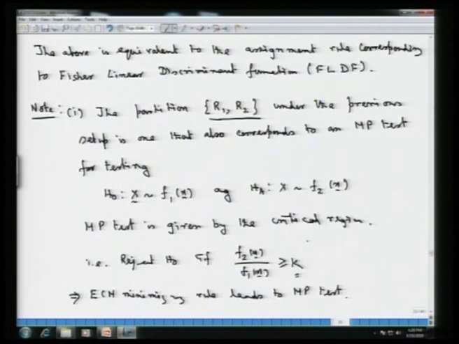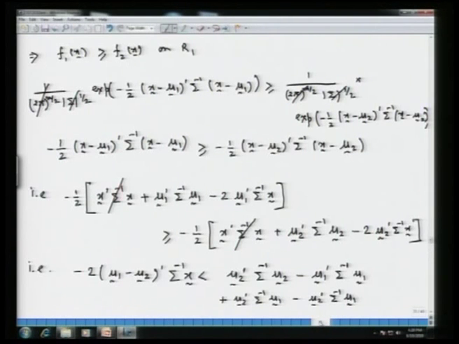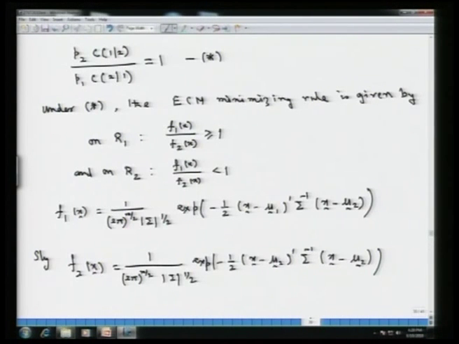So, that is the partition corresponding to the ECM rule, and which thus is a rule which corresponds to the MP test only. Now, the second note that we put here is that we have considered in the previous example a special structure of the prior and the misclassification costs, as specified through equation star, that we have got this ratio to be equal to 1.